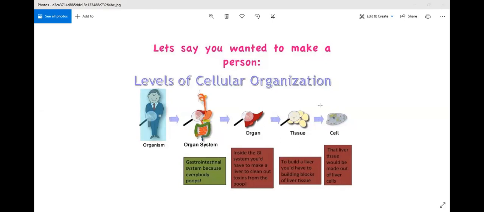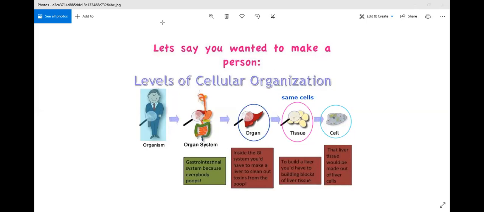Then when you put same cells together, what do you build? A tissue. So same cells build a tissue. Then when you put different tissues together, what do you build? An organ. Perfect.